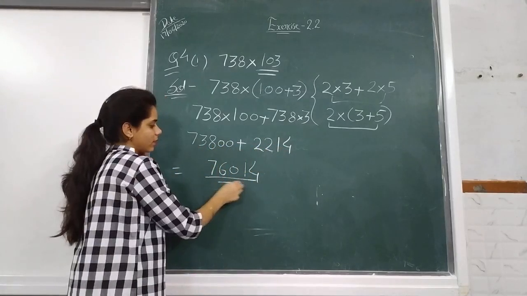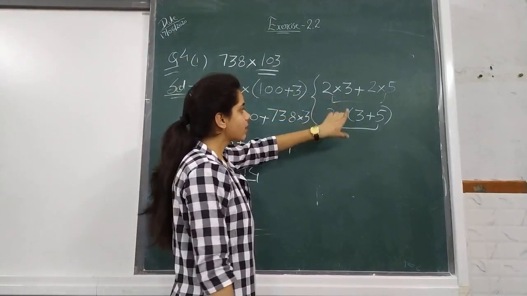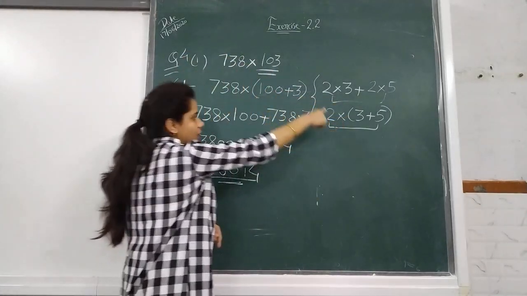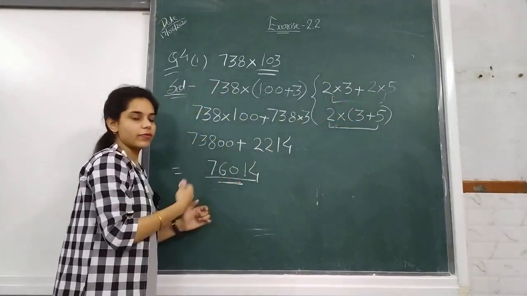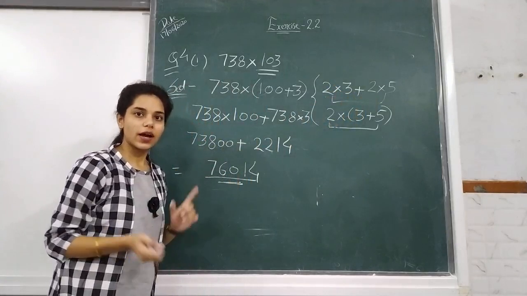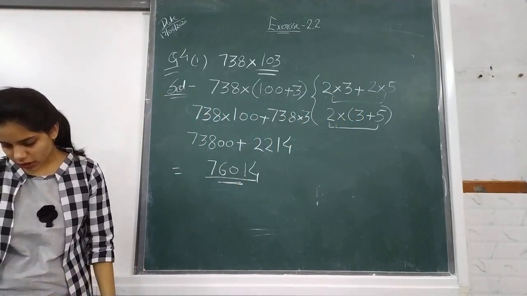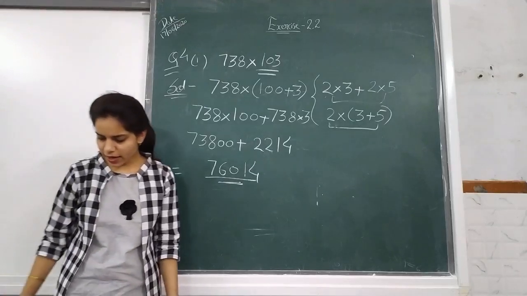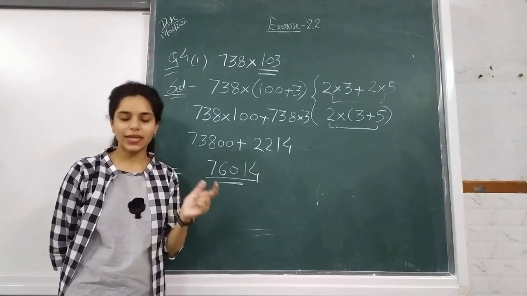Understood everyone? This question was in this format and we made it into this format and found its product. Now the rest of the questions you can solve by yourself. In its second part you can convert 102 as 100 plus 2.